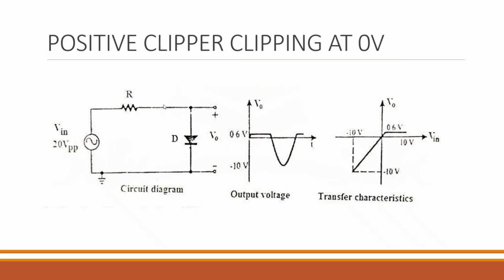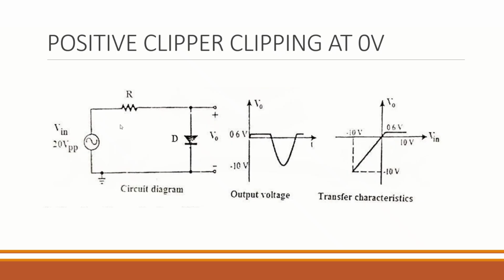This is the basic circuit diagram of a positive clipper clipping at 0 volt. In this, a diode is connected parallel to the input signal and the output is taken across the diode, that is in parallel. So this type of clipper is known as a shunt clipper.